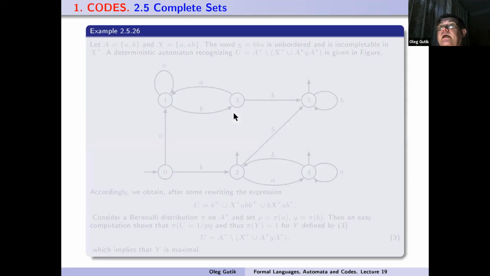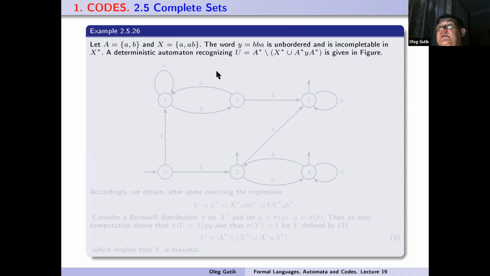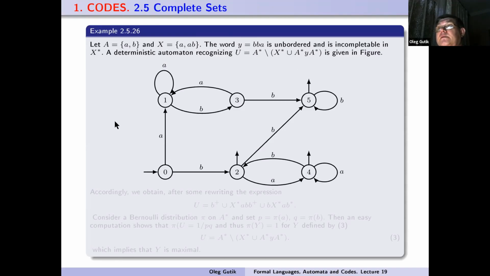2.5.24. Example: let the alphabet A capital consist of two letters A and B, and X consist of the word AB. The word y, which is equal to BBA, is unbordered and is incompletable in the monoid X capital star. The deterministic automaton recognizing the set U capital is given in the following figure. Accordingly, we obtain after some computation the expression for U capital.